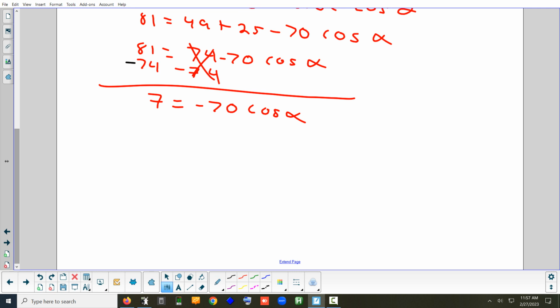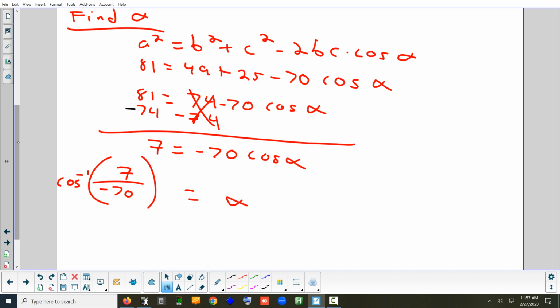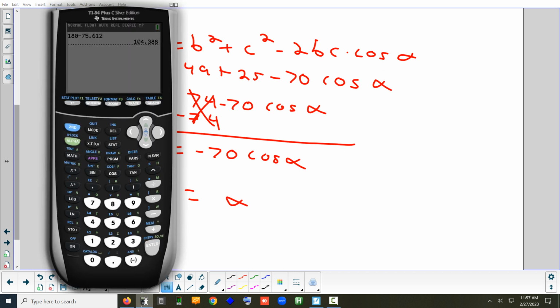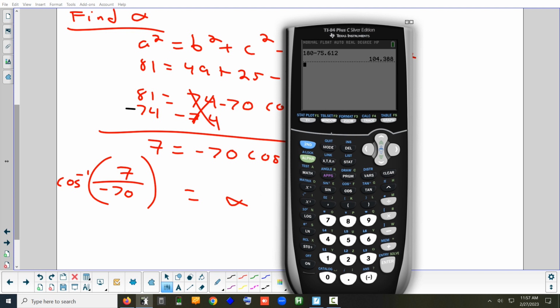And then, how are we going to get the negative 70 over? Divide by it. And how are you going to get rid of cosine at the same time? So you really can shorten up the amount of steps you have to write down if you combine. So it's the inverse cosine of, yeah, it's negative what?